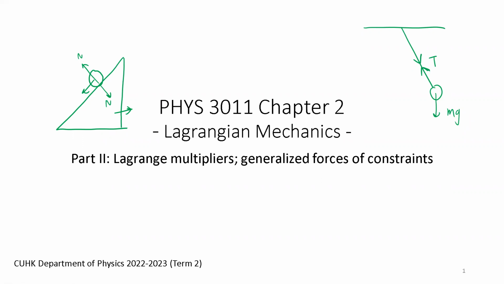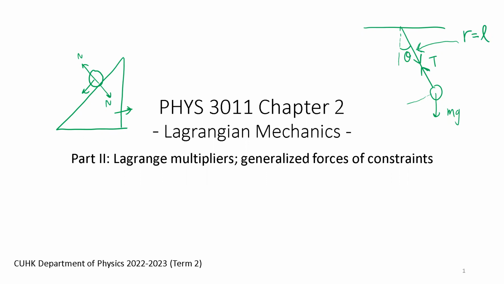They are actually hidden in your constraint, right? So for example, in this problem, I know that this is t here, and when you work on this problem, you use this data as a coordinate, and then you basically have the constraint that you have already considered, which is r equals the total length.